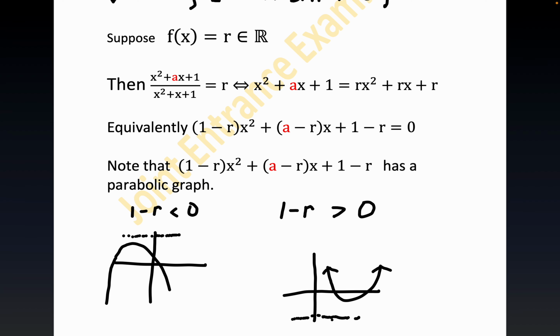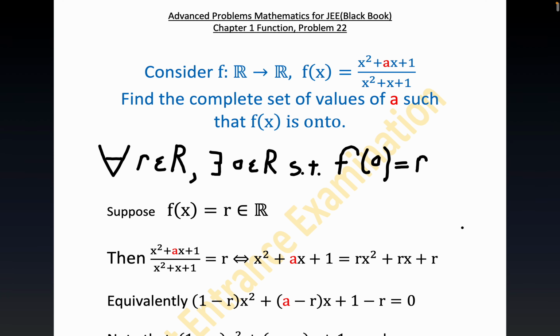So in other words, it's not onto, just from the graph. And so what we've learned is that this set is empty.